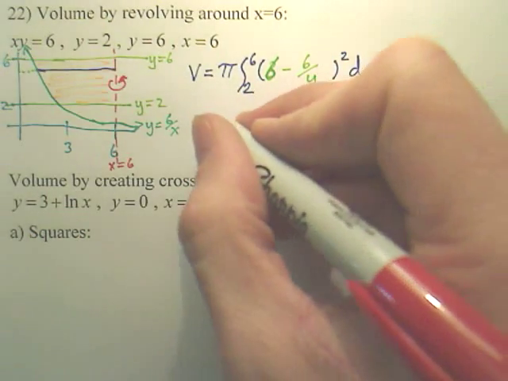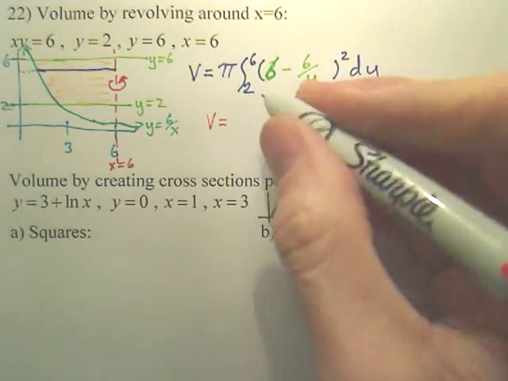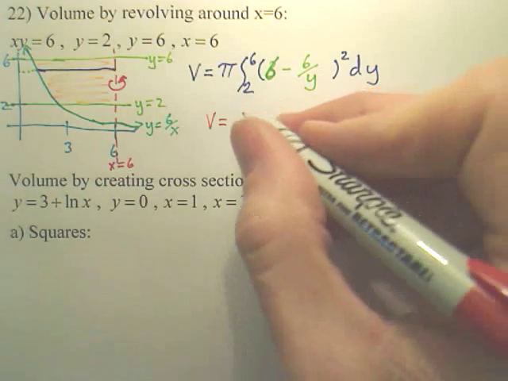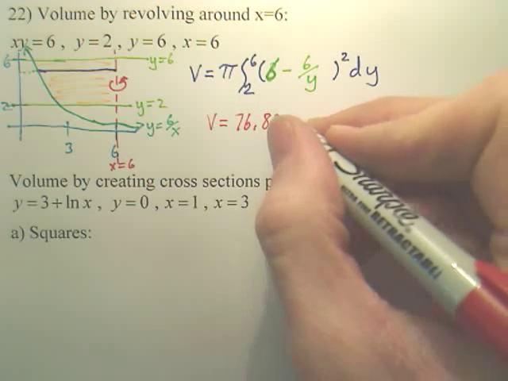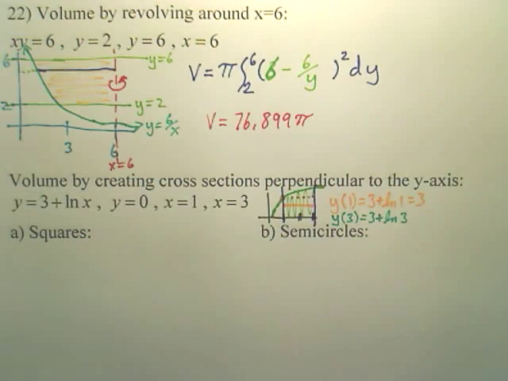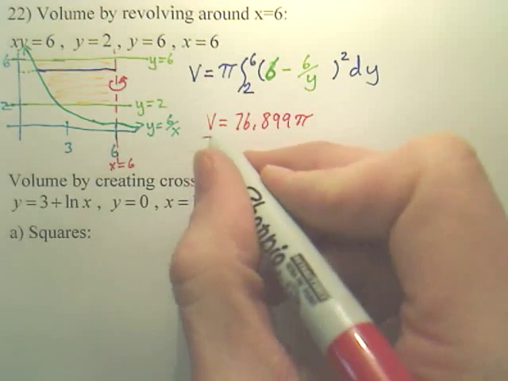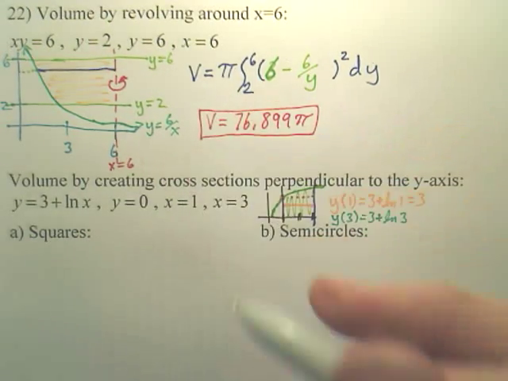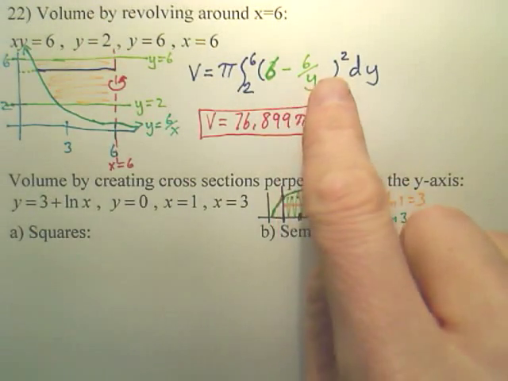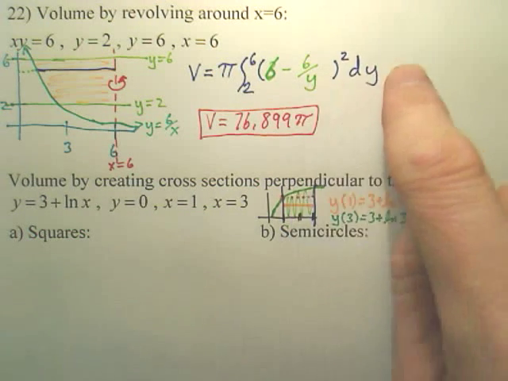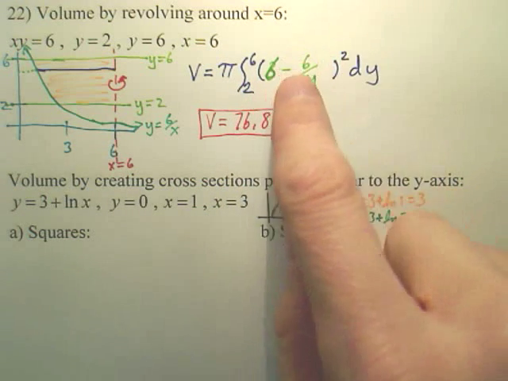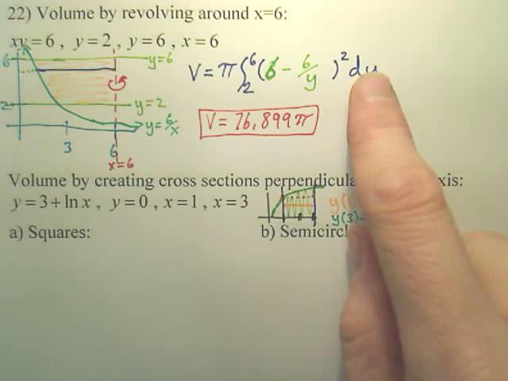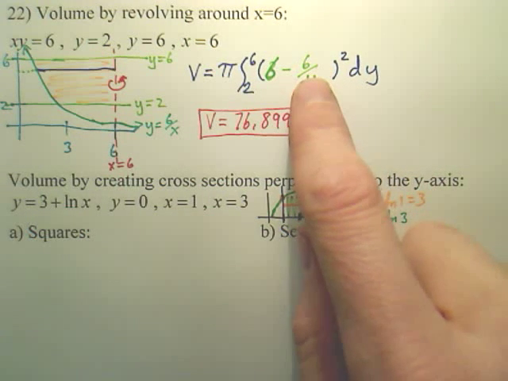And when you calculate this out, your volume would end up being 76.899 pi. That ends up being your volume. And all you have to do again is make these x's instead of y's. Or you could square it and do the whole long integral if you didn't have a calculator. This is possible without a calculator. It'd be really ugly.